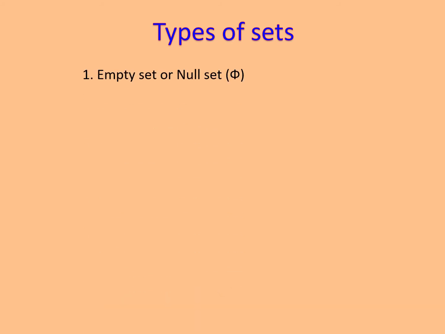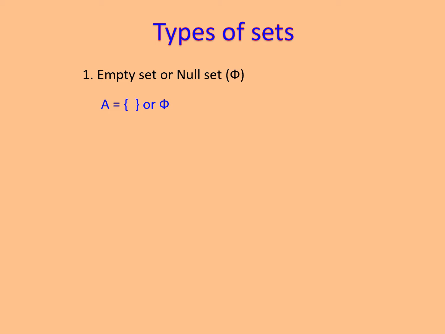So the first one we call it as empty set or null set. As the word itself indicates, empty means nothing. Nothing is there in the vessel. So such a set which does not have any element in it is known as null set, and it is written as A equals to curly brackets without any element, or the null set symbol we write down.